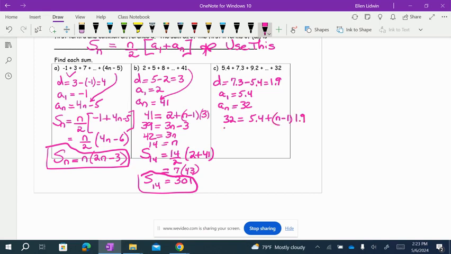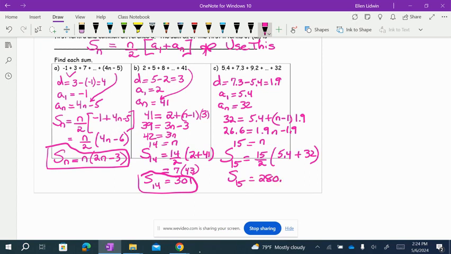Distribute and simplify, and I get 26.6 equals 1.9n minus 1.9, and I solve this and I get n is 15. So the sum of the first 15 terms is going to be 15 divided by 2 times a sub 1, 5.4, plus a sub n, 32. And we get the sum of the first 15 terms is 280.5.